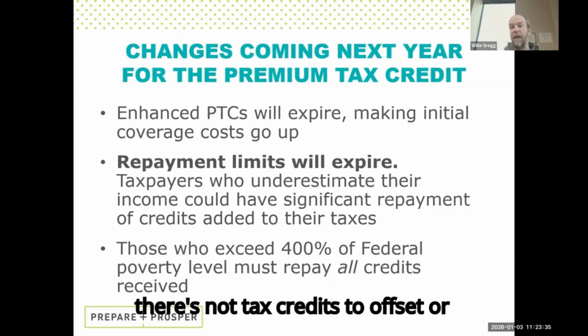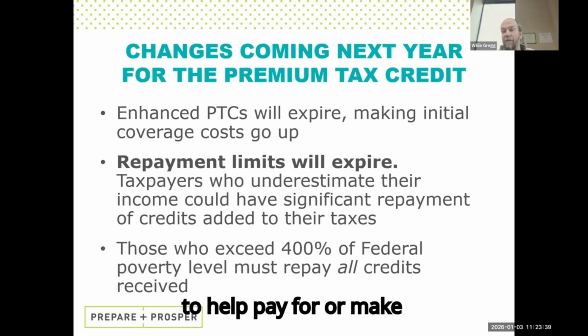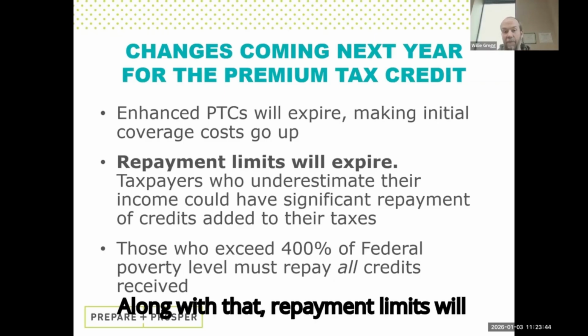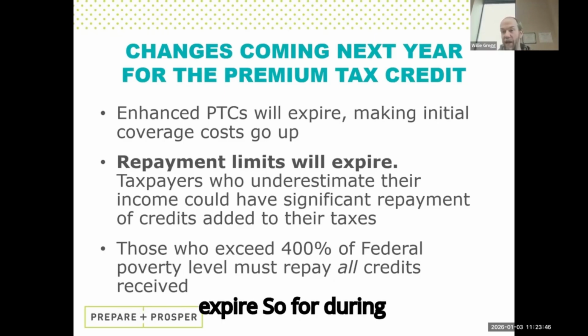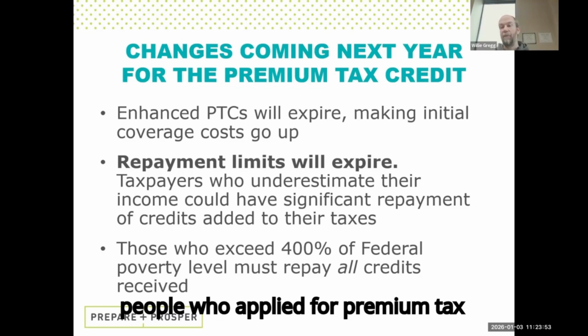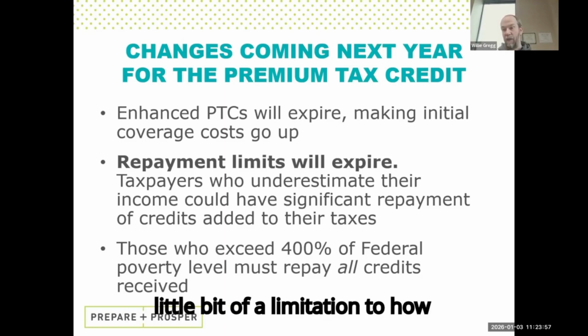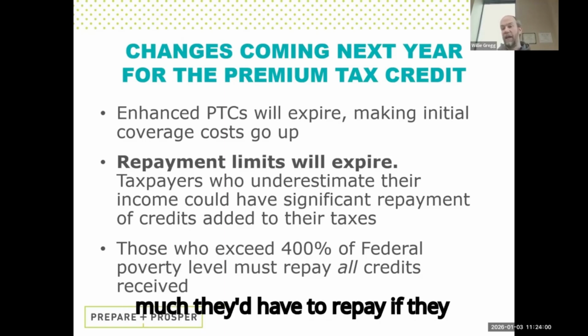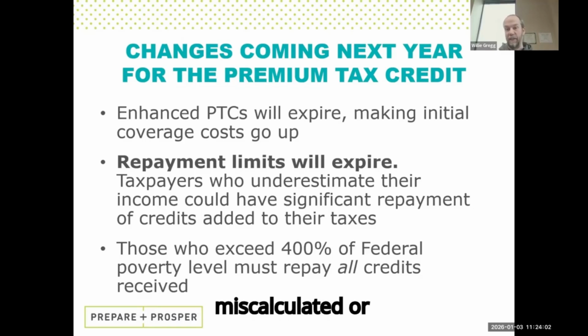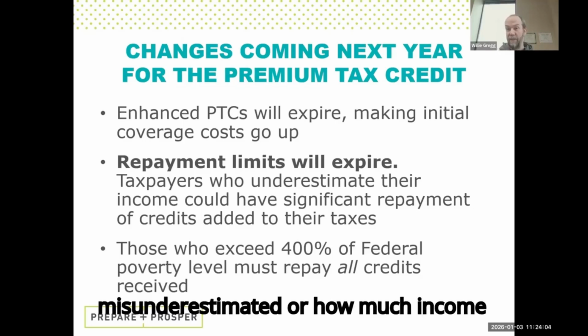That's largely because there are not tax credits to offset or to help pay for or make health insurance affordable. Along with that, repayment limits will expire. During COVID and afterwards, the people who applied for premium tax credits or advance tax credits had a bit of a limitation on how much they'd have to repay if they miscalculated or underestimated how much income they would have.